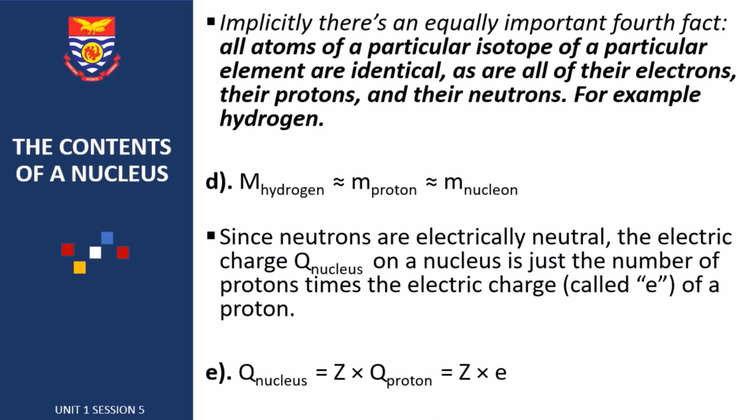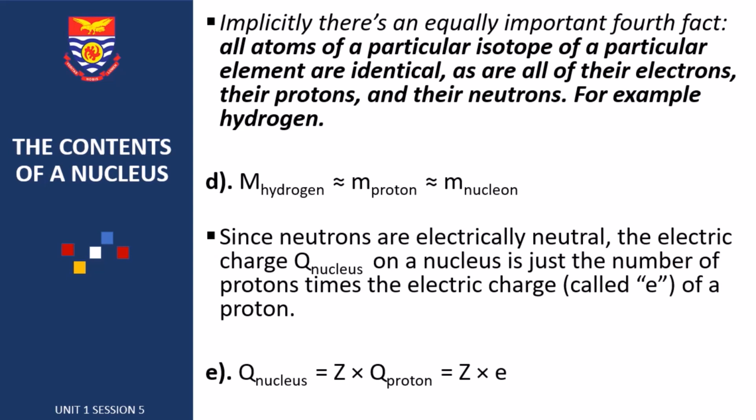There is another point that is very important that we should note: all atoms of a particular isotope of a particular element are identical. All their electrons, protons, and neutrons are identical. So if it's hydrogen, all the isotopes of hydrogen have electrons, protons, and neutrons that are identical in terms of mass.